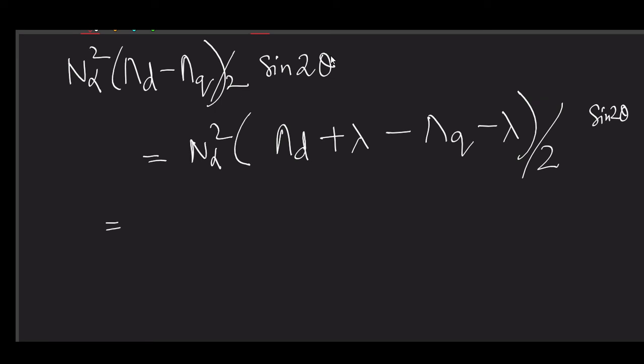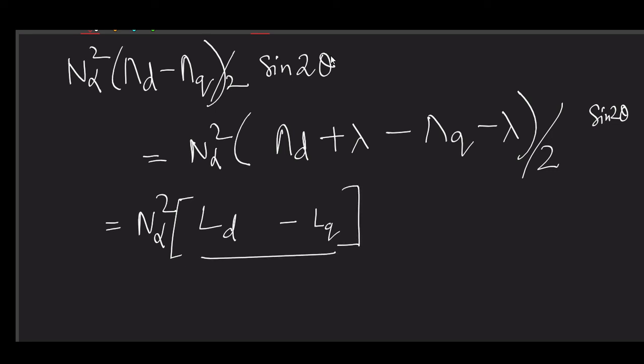So this gives us n alpha square. If you club these two, then that will give you LD minus LQ divided by 2 sin 2 theta.